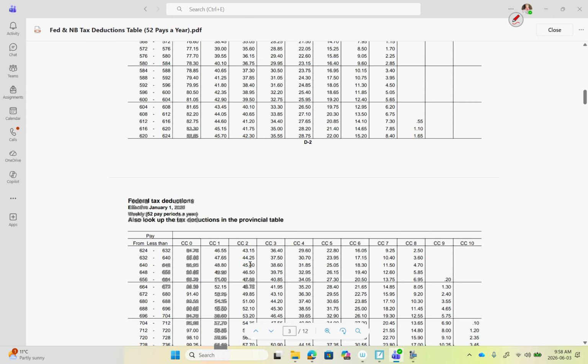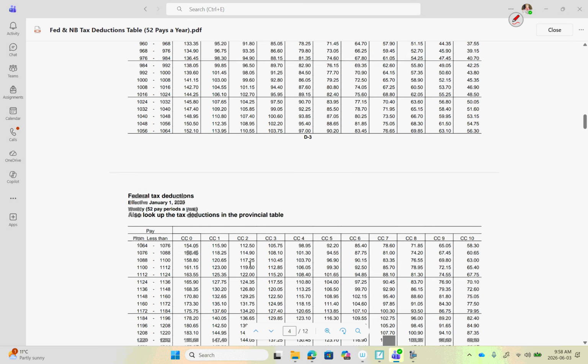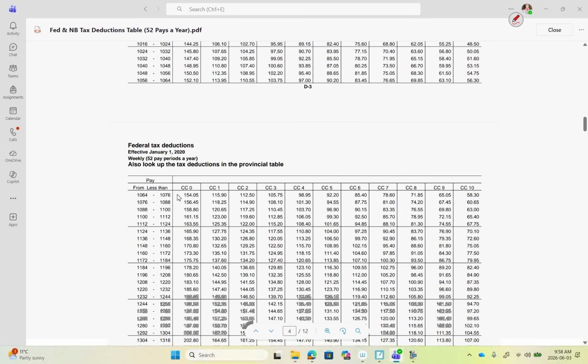1,090. I have to scroll a little bit. Come on to this page right here. So $1,090 would be between $1,088 and $1,100. And then if I go claim code 0, 1, 2, what's the number for federal tax deductions?